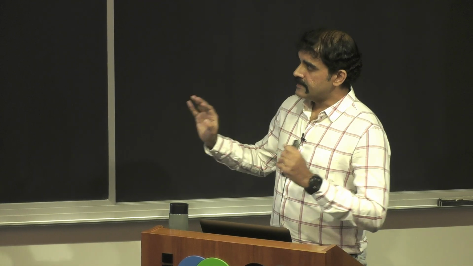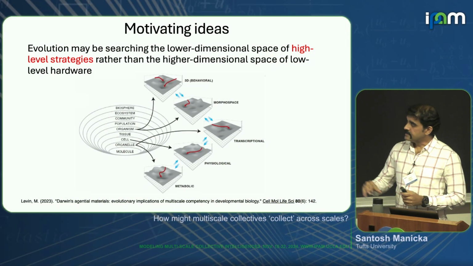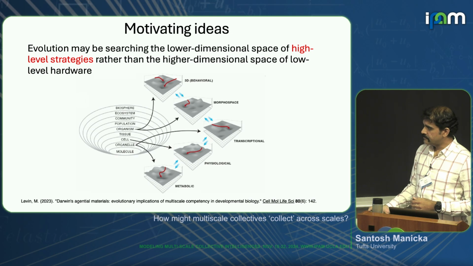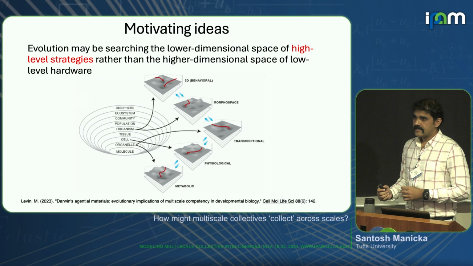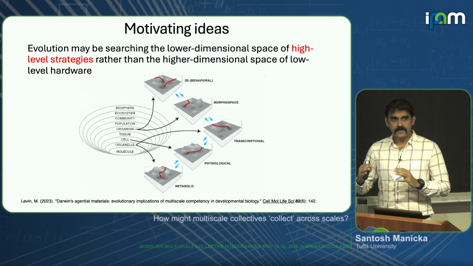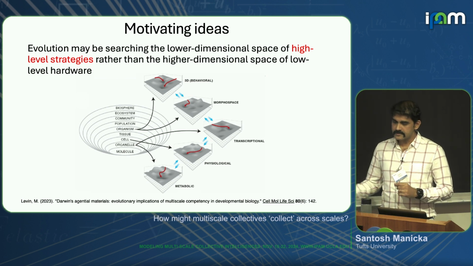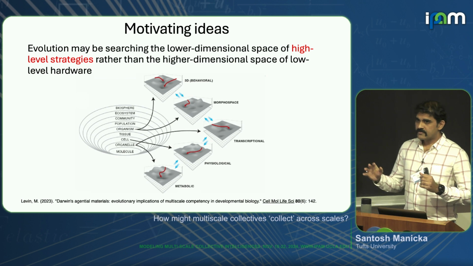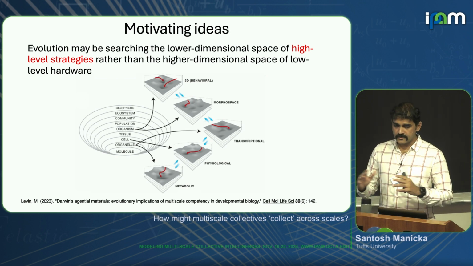One of the motivating ideas that we used to try to answer this question is this paper that Mike wrote just last year. It's the idea that life may be trying to solve the same kind of problem at different scales, whether it is the transcriptional scale, metabolic scale, or biophysical scale. It's the problem of navigation in a dynamical surface.